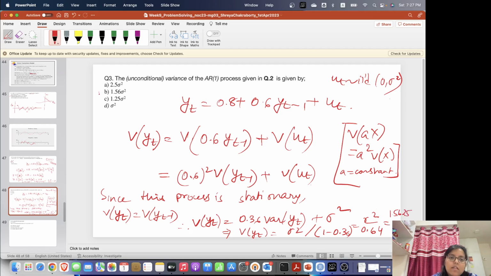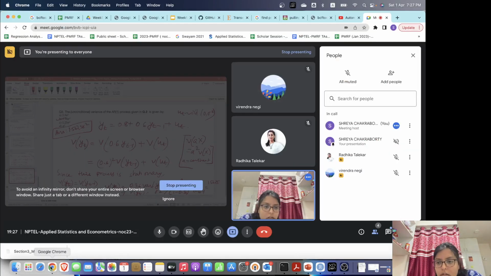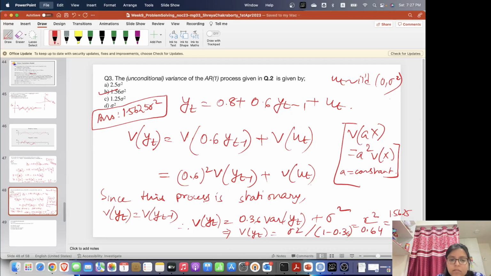So the answer is 1.5625 sigma square. Is it okay? Okay. Any doubt? All right.